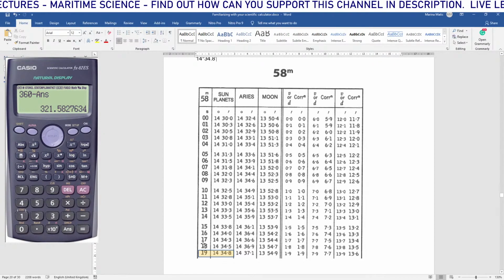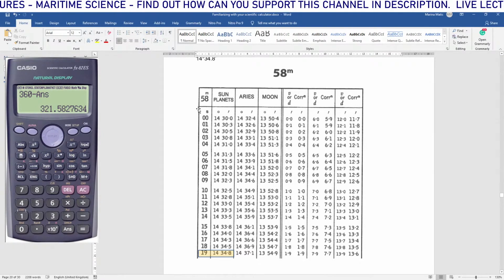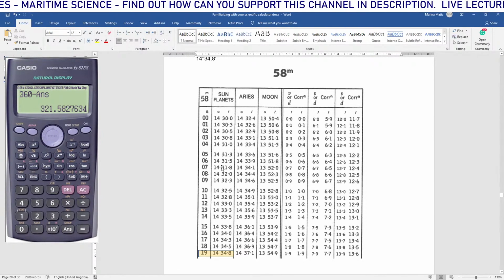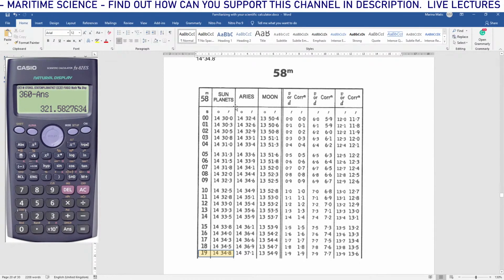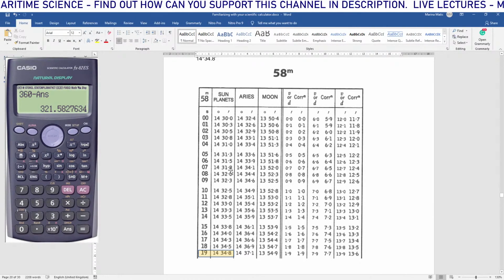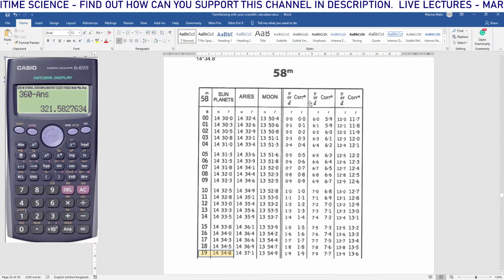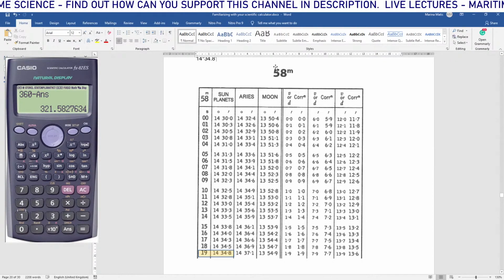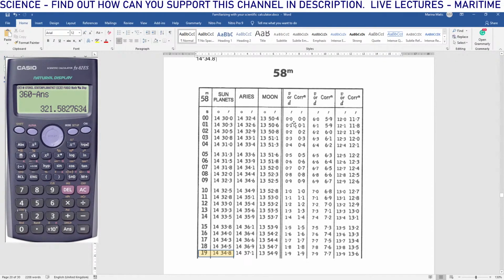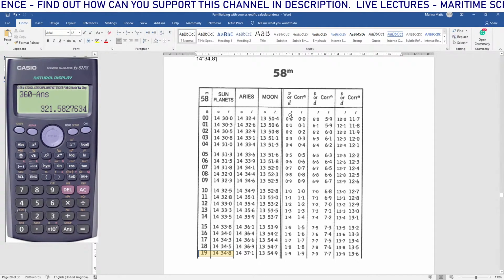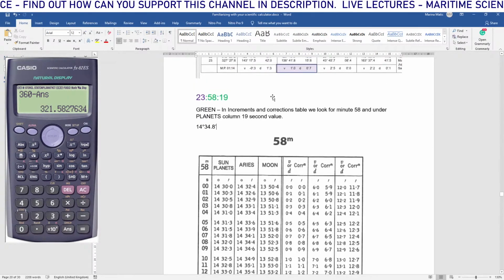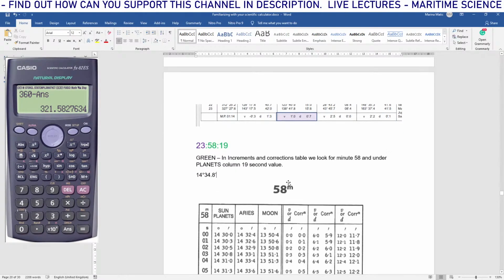So the seconds are no longer important. You completely ignore this part of the table, all these columns, because this is for local hour angle. We do not need this. We are now focusing on this side here, 58 minutes. Seconds are not important, and we enter this side with the D value, and the D value was 0.7.